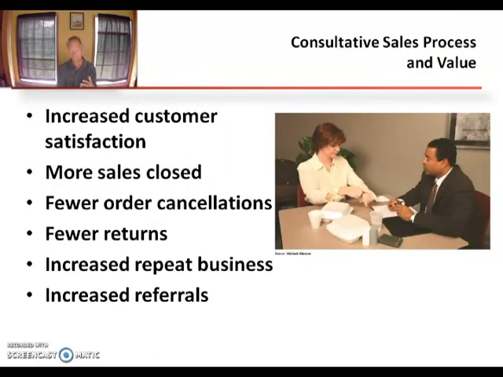Our consultative sales process, the 6-step process that I just talked about, is all about trying to increase customer satisfaction. I talked about this in my very first lecture. The more you call on a prospect and the more you help them, the more they're going to want to see you. That will lead to repeat sales, more closed sales, more referrals, fewer order cancellations, all those types of things.